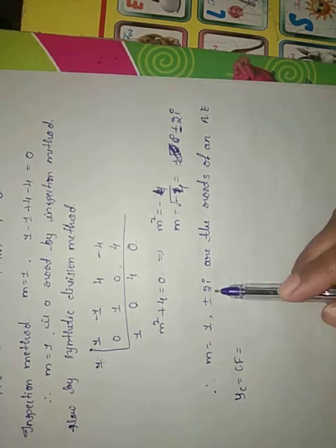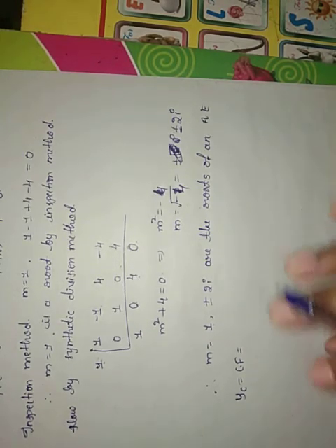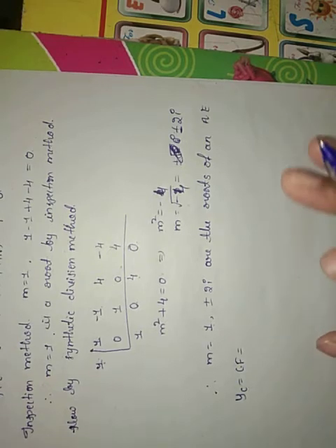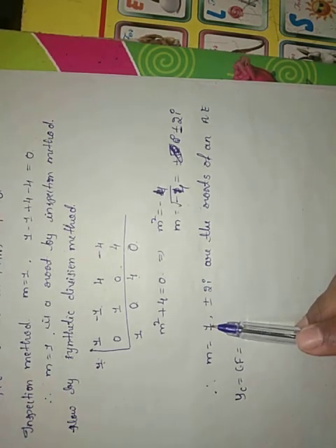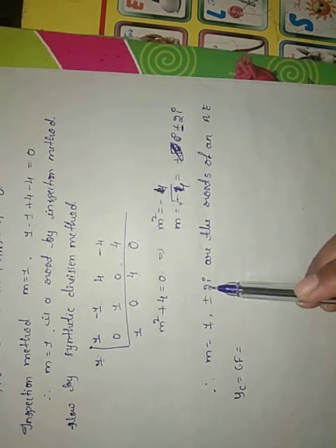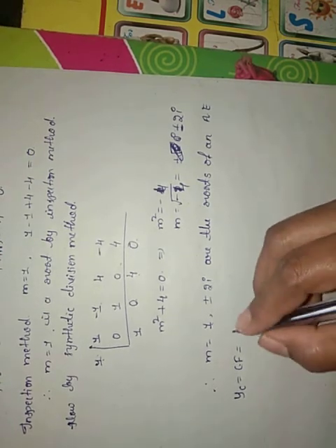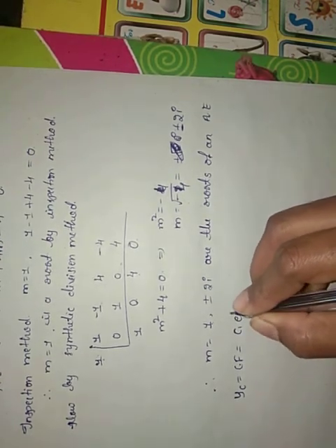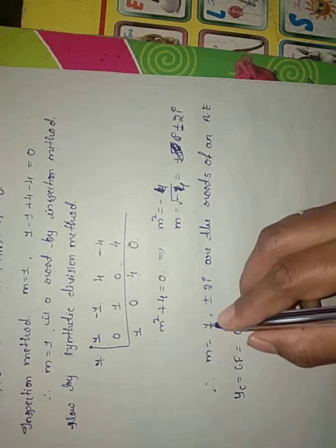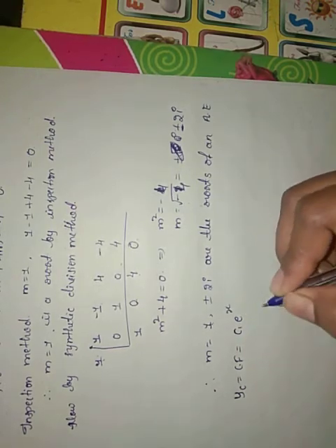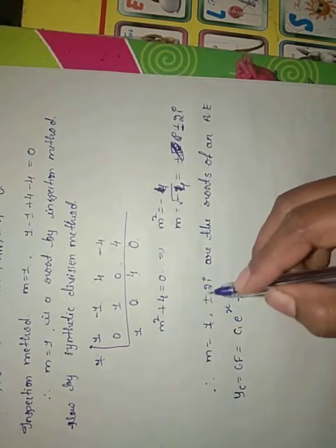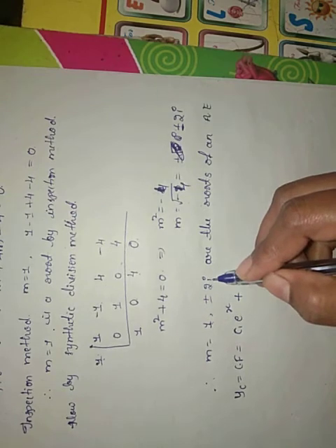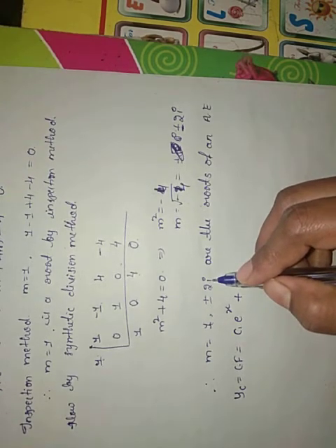So for our complementary function, the roots are independent, no repeated roots will be present here. One is a real and distinct root, another one is a complex root. So for the real root we have a formula that is c1 e raised to m into x, where m equal to 1. For the complex roots, plus or minus 2i, there is no real part, so the real part will be 0.